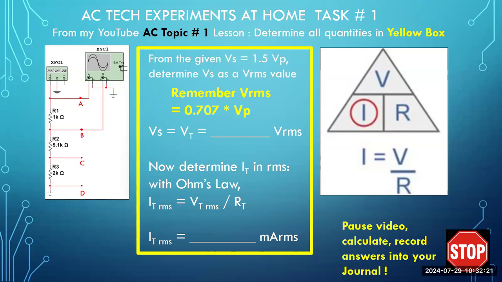You have a V on top, you have an R on the bottom. So the formula from the triangle of Ohm's law is very easily determined: I for current is equal to voltage over resistance. Which voltage, which resistance? Well, if you're looking for total current, then you better be using total voltage divided by total resistance. So total voltage in RMS format was some quantity that you determined a moment ago, and then you divide by the R total in order to calculate the current.